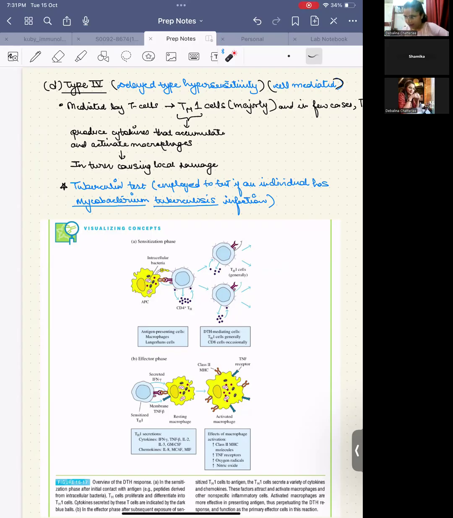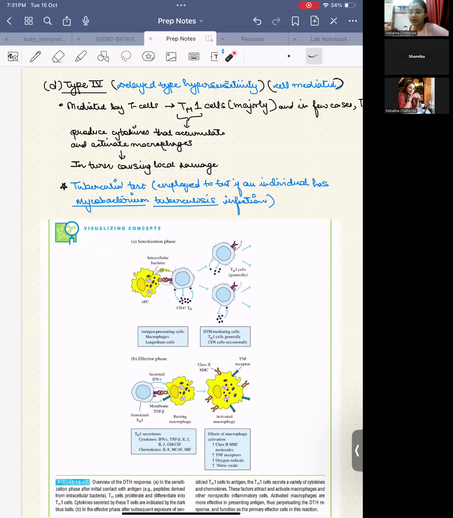So the type 4 hypersensitivity reaction is also known as delayed type hypersensitivity or cell-mediated hypersensitivity. This is the only type of hypersensitivity which doesn't involve an antibody molecule in its responses. There's no involvement of antibody molecules in it.